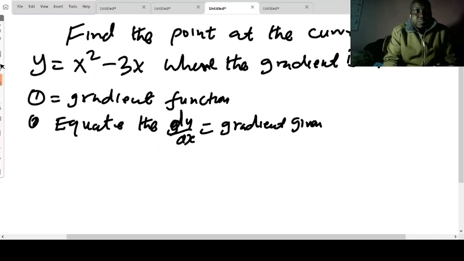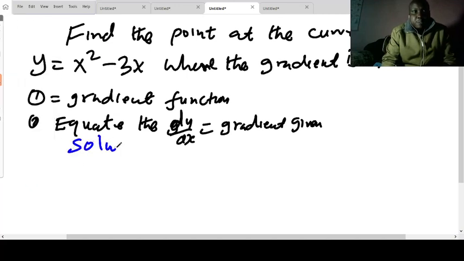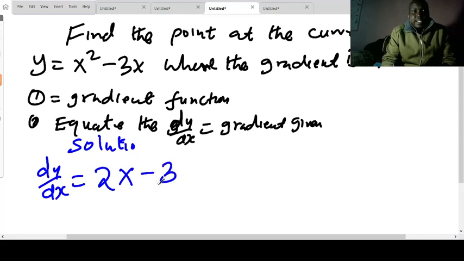So let me change the color here, use blue. So solution: dy over dx, which is our gradient function, will be equal to 2x minus 3. And 2x minus 3 will be equal to 1.